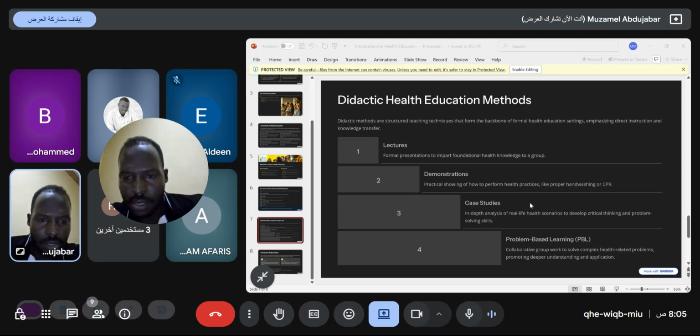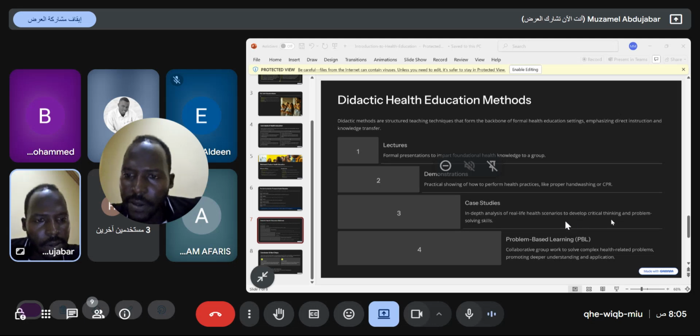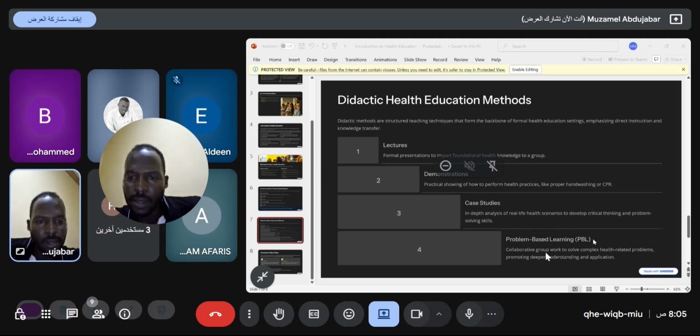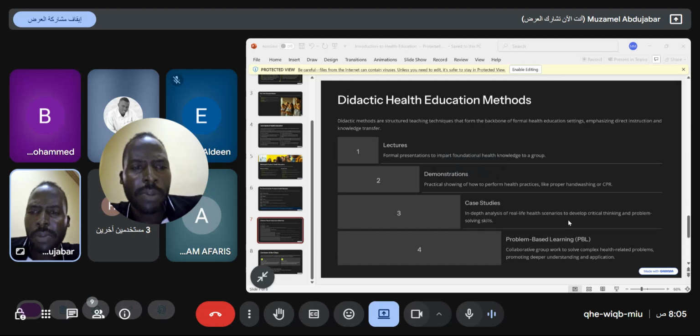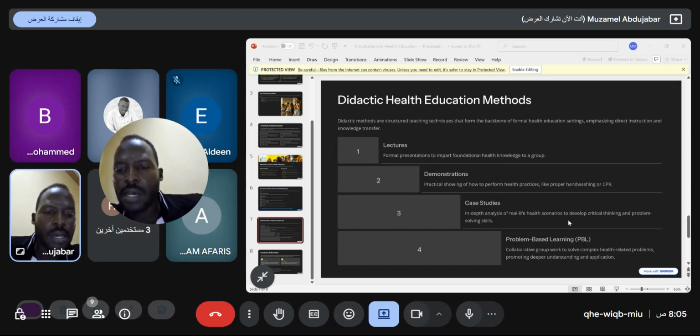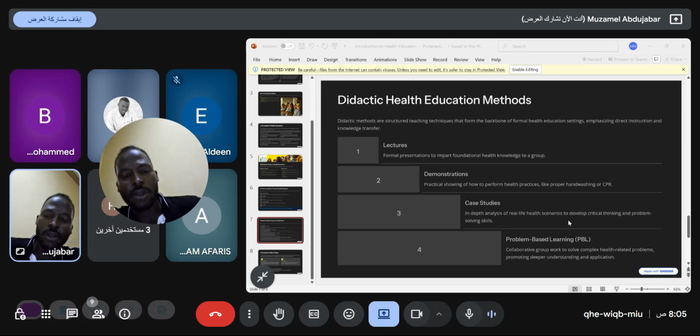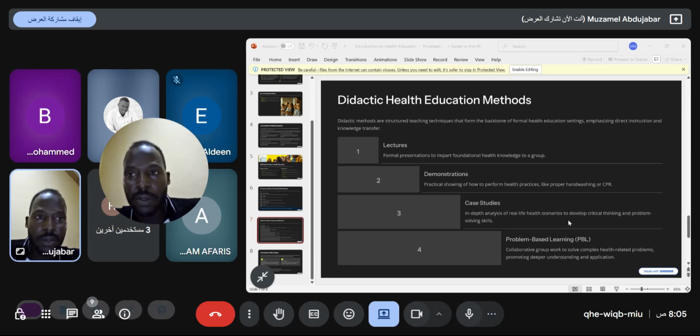Case study is an in-depth analysis of real-life health scenarios, developing critical thinking and problem solving. Case studies can include examples about outbreaks. The last point is problem-based learning, learning from the problem. During an outbreak like cholera, it is very important for us to learn from it.